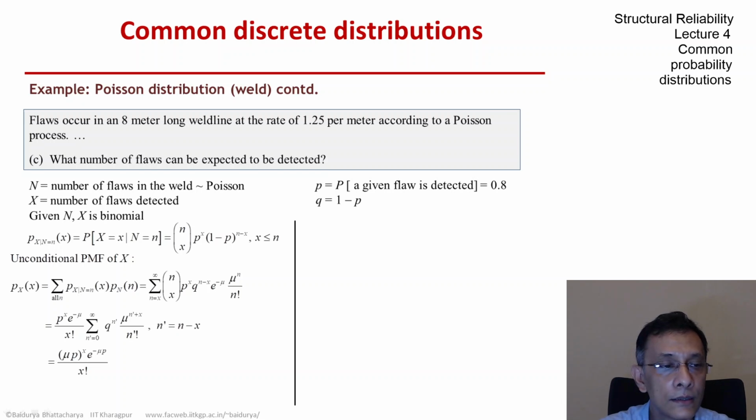That is nothing but a Poisson PMF, but with a reduced mean. So capital N was a Poisson random variable with mean mu, but because I'm effectively filtering that set with the probability of p for each of them, my mean effectively becomes mu times p, and I get a new Poisson random variable X. So that's extremely useful to know, and with that knowledge we can now solve parts D and E.